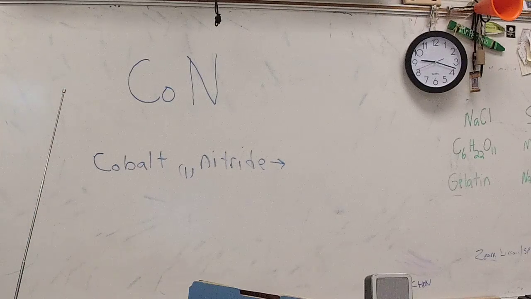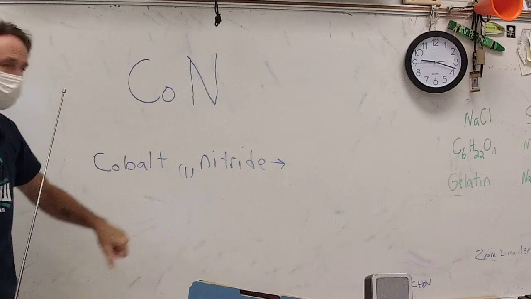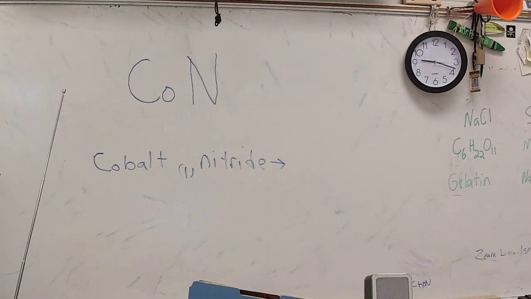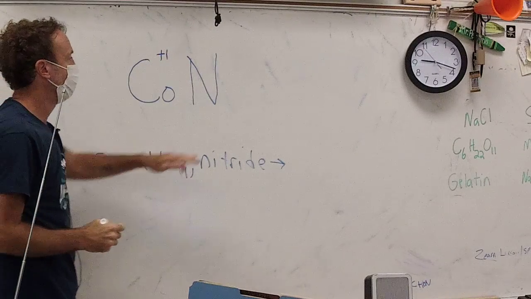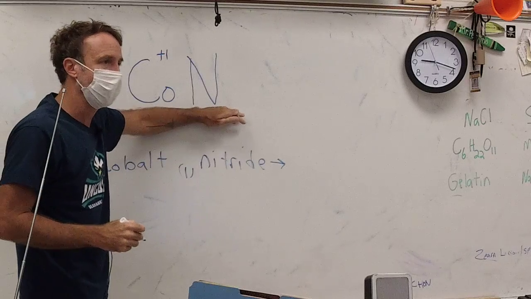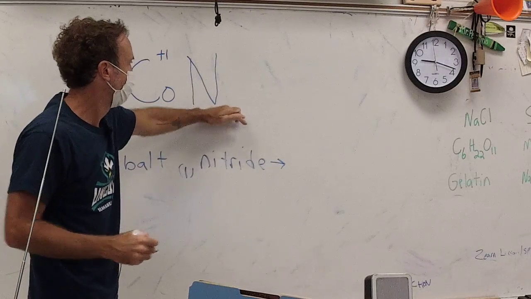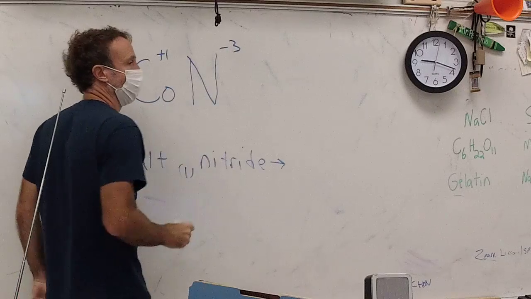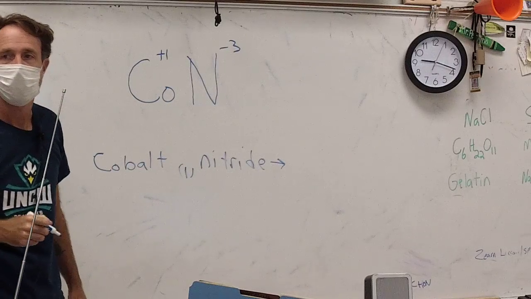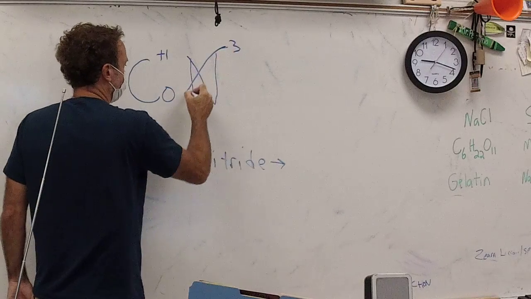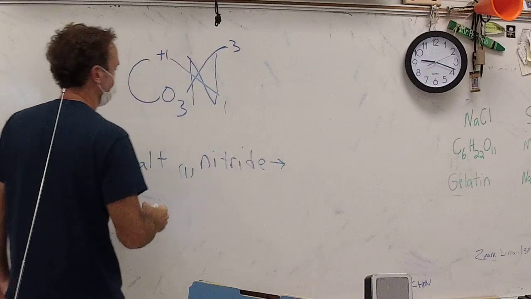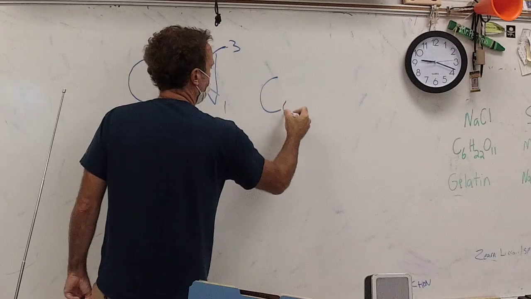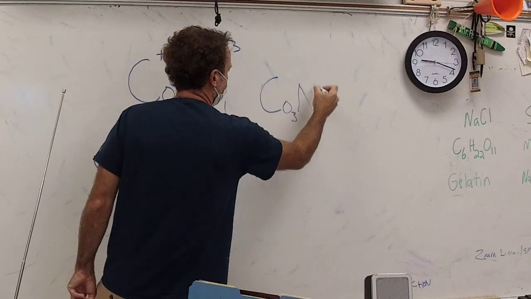What does cobalt 1 mean, Sullivan? What does this 1 stand for? It's the charge, the oxidation number, right? Stands for +1. What do we know the charge for nitrogen is, Drew? -3. What do we do with those two numbers? Cross them down. It would take 3 cobalt(I)s to cancel out a nitrogen. So the formula for cobalt(I) nitride is Co3N.